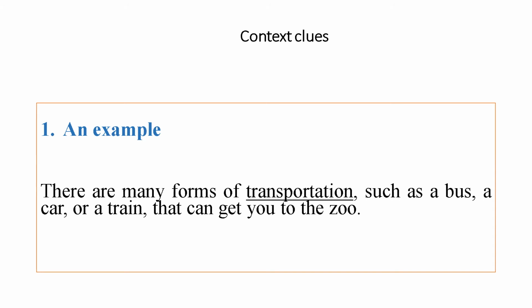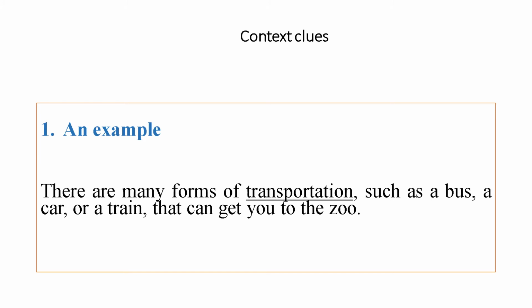There are many forms of transportation, such as a bus, a car, or a train that can get you to the zoo. Now, a reader may come across this word, transportation.